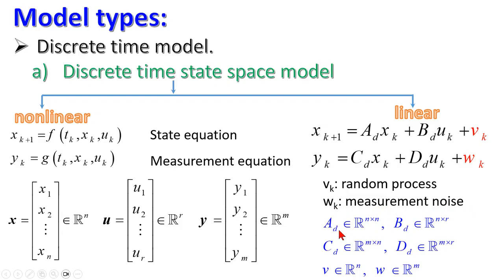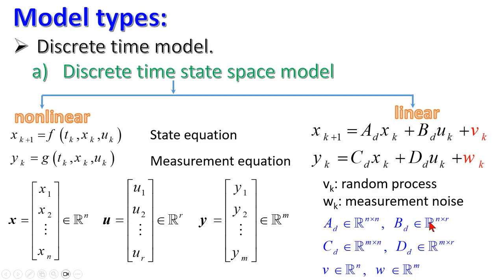AD, BD, CD, and DD are the system matrices, and the subscript D represents that it is a discrete-time linear model. Here also, the states, the inputs, and the outputs can be more than one. So, depending on the number of inputs, states, and outputs, the sizes of the system matrices AD, BD, CD, and DD are fixed.